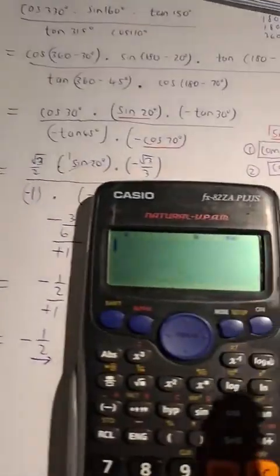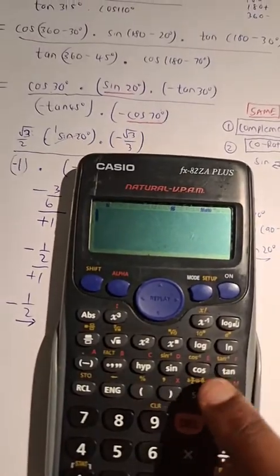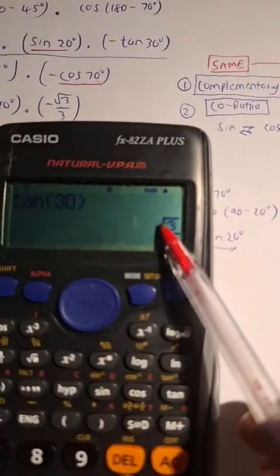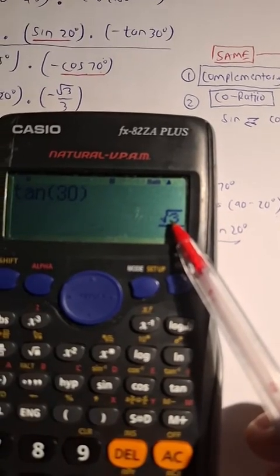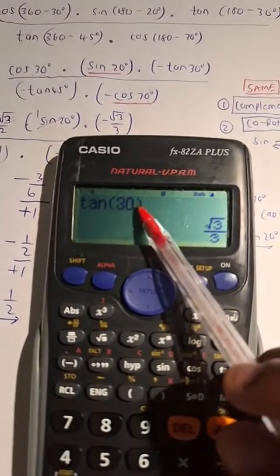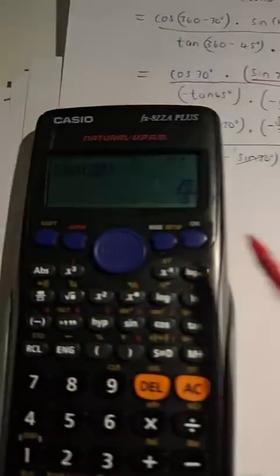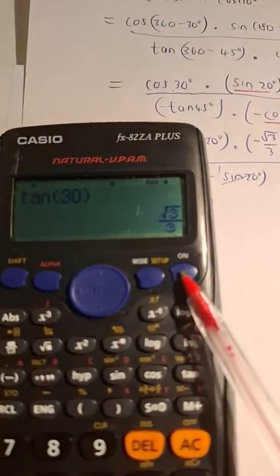All I did for tan 30, I didn't waste any time. I just said tan 30, I put it in the calculator. Do you know, guys, why instead of using those triangles, I can now do this and put it in the calculator?